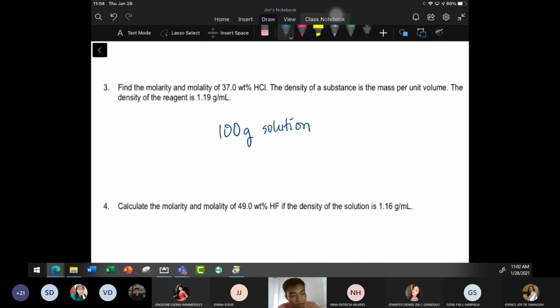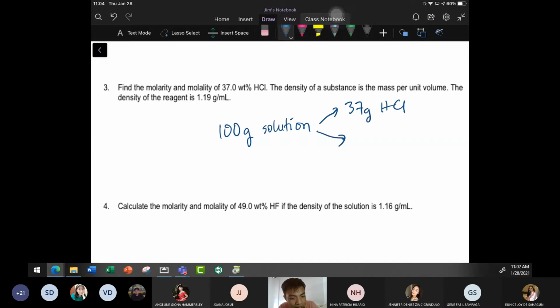Okay? So, ganun ha. Every time you see percent weight, you always assume 100 grams solution.